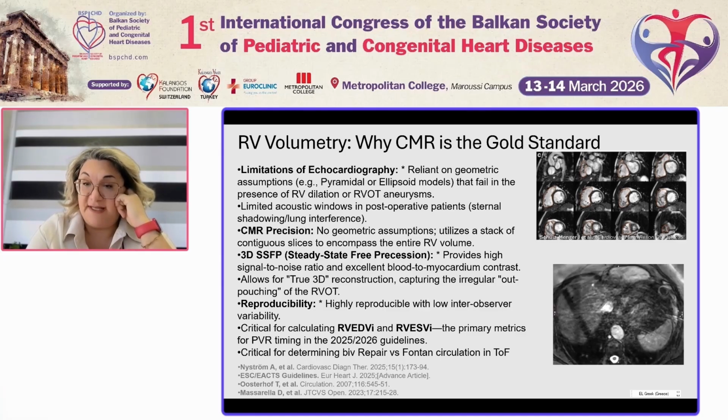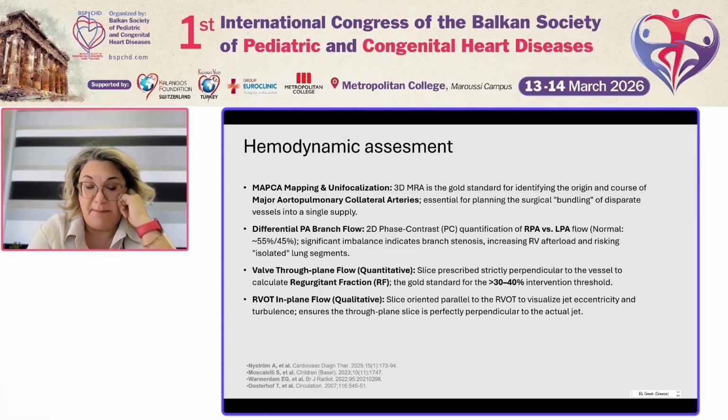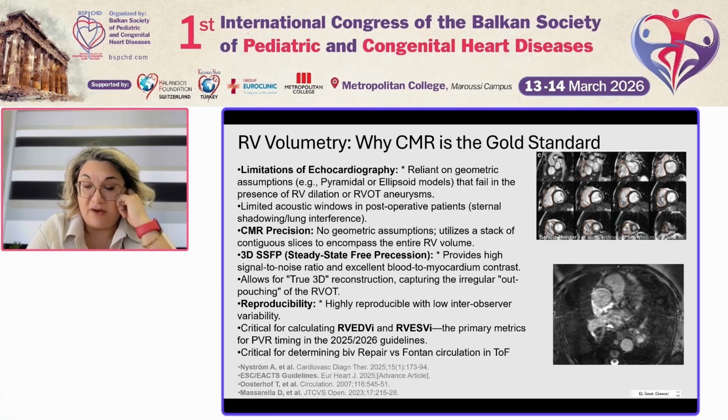Another vital component is the mapping of the coronary arteries, especially when anomalous coronary arteries coexist, where we can have catastrophic coronary laceration during RVOT incision, and this is an anatomy that you need to know before you go to the operating theater.